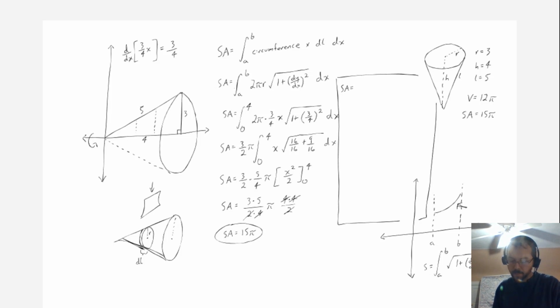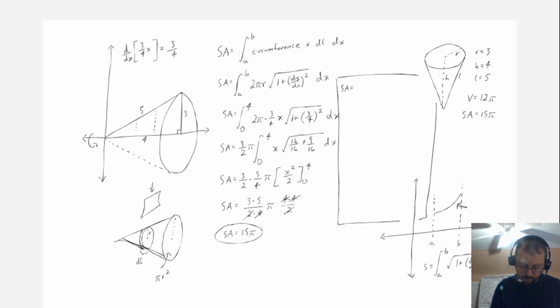Oh, something that I'm missing actually. So the formula is going to give us a surface area of, say if you had an ice cream cone, it's going to give you just the cone part, but it's also going to give you the base. We didn't add in the base. So if we add in the base real quick, the surface area of the base is just the area of a circle, which is pi r squared.